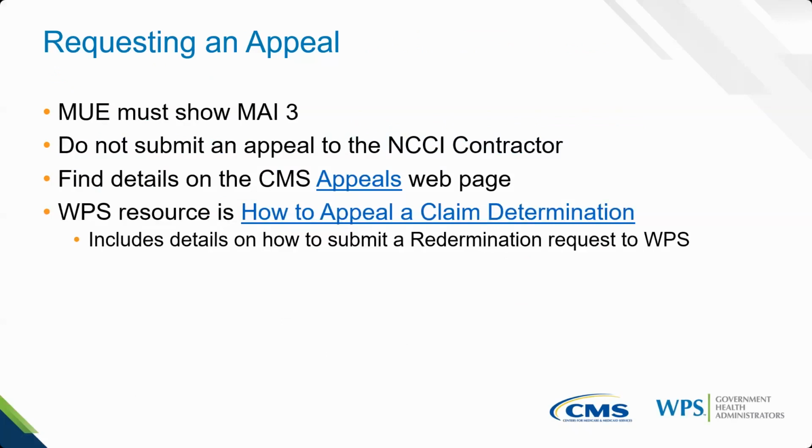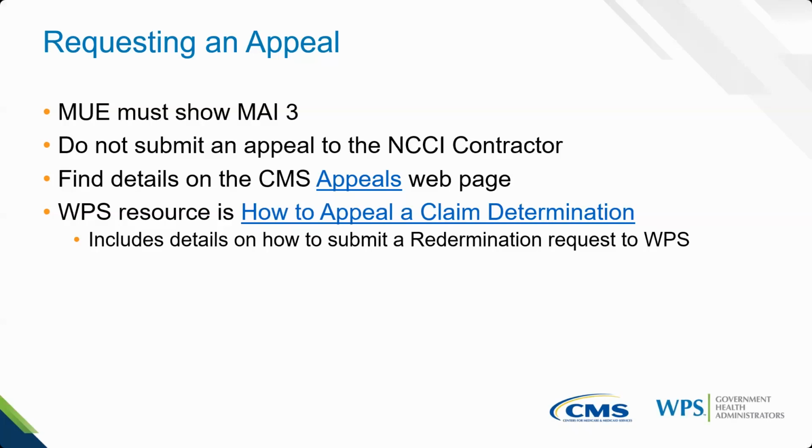We also have a resource on our website, and I've included the link here. It's called How to Appeal a Claim Determination, and in this resource we provide details on how to submit a level 1 appeal, which is called a redetermination. Redeterminations are the only level of appeal that are made by the MAC, or by WPS GHA.